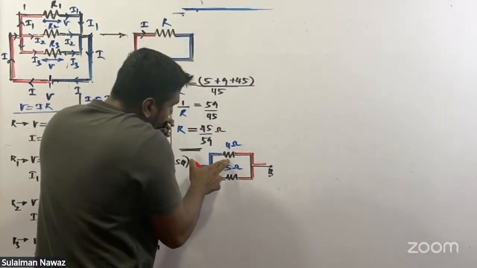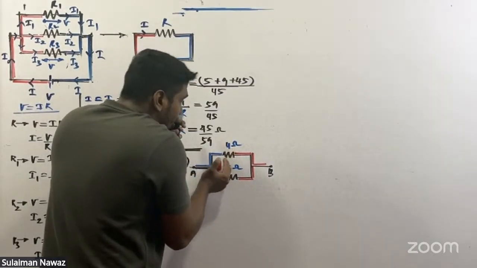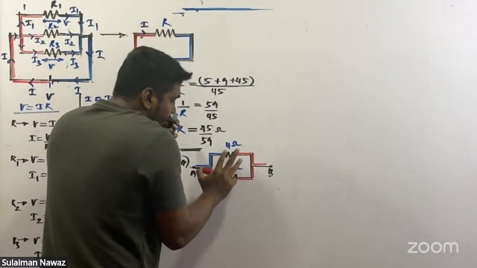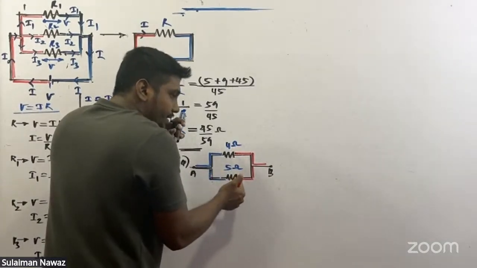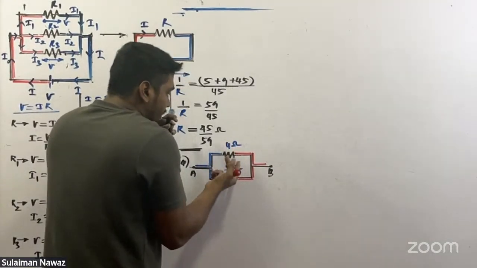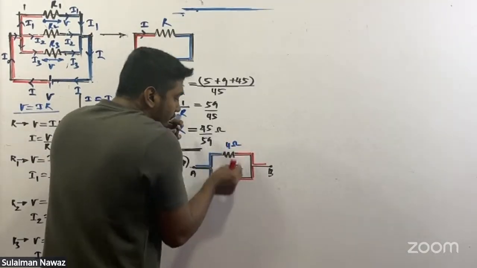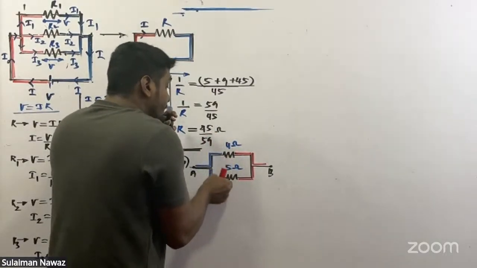When you consider the 4 ohm resistance, the potential difference is blue minus red. When you consider the 5 ohm resistance, the potential difference is also blue minus red. Definitely then, the potential difference across 4 ohms as well as across 5 ohms should be the same. That means these two resistors are in parallel.